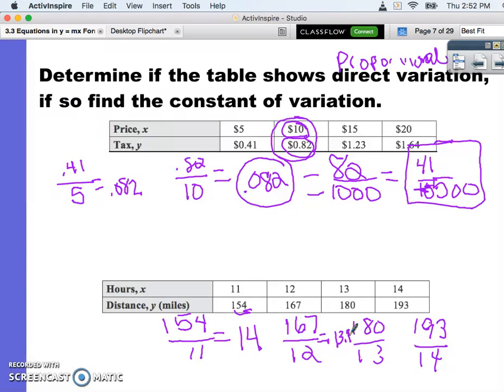So right away I know that they are not proportional because these two numbers are not the same. I don't even have to do the other ones. If they're not the same, there is no constant of variation. It is not proportional. It does not show direct variation.